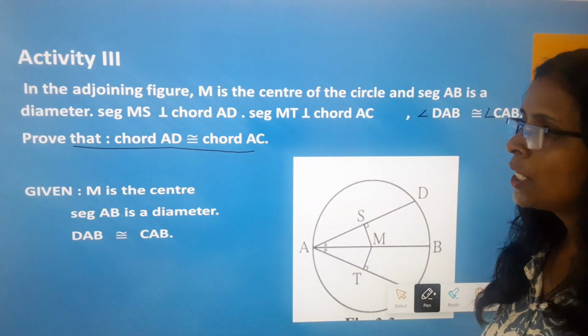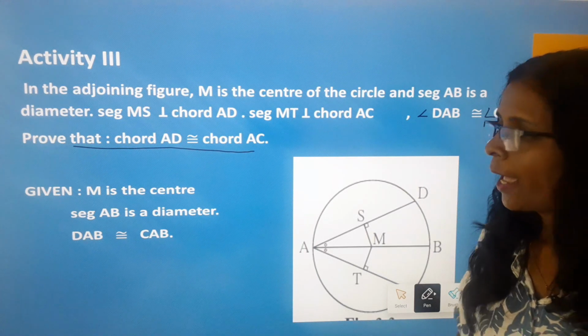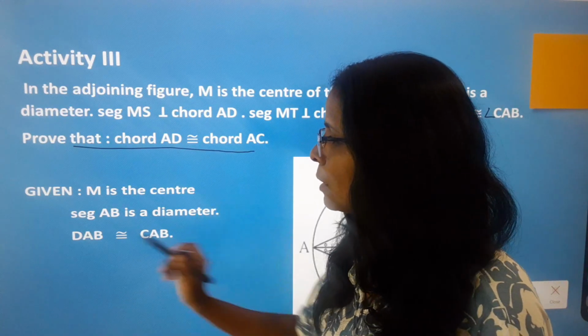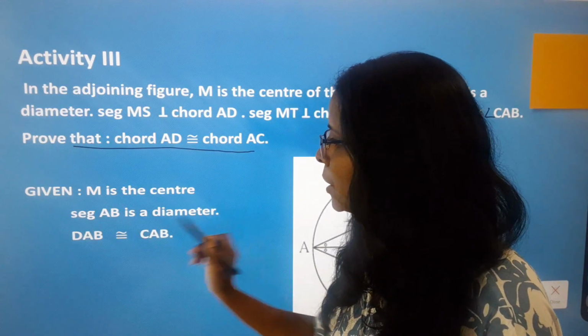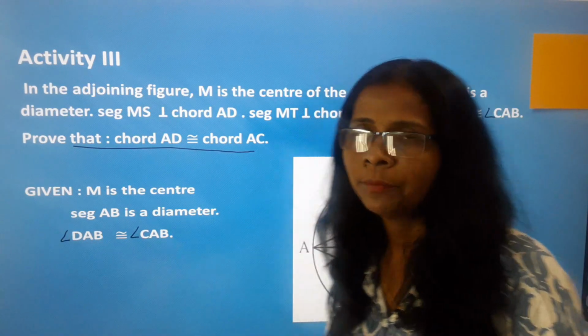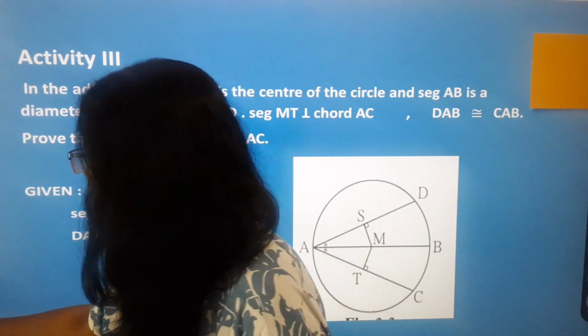So now, students, we can solve this activity stepwise. Given that M is the center of the circle, segment AB is a diameter, angle DAB is congruent to angle CAB. Now see, that is the proof.